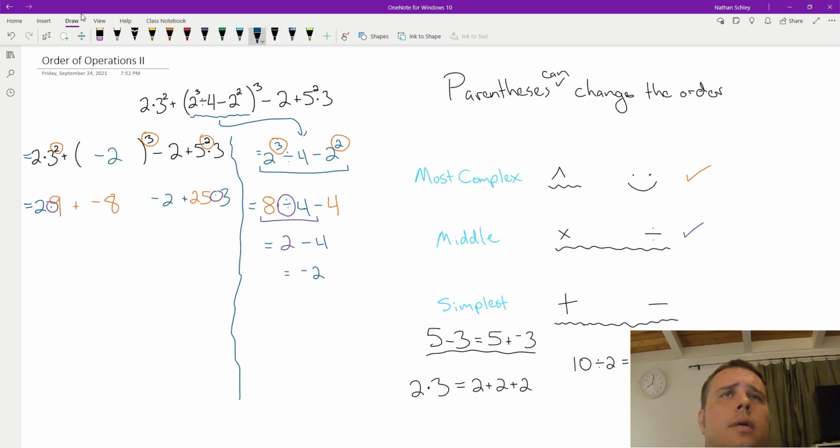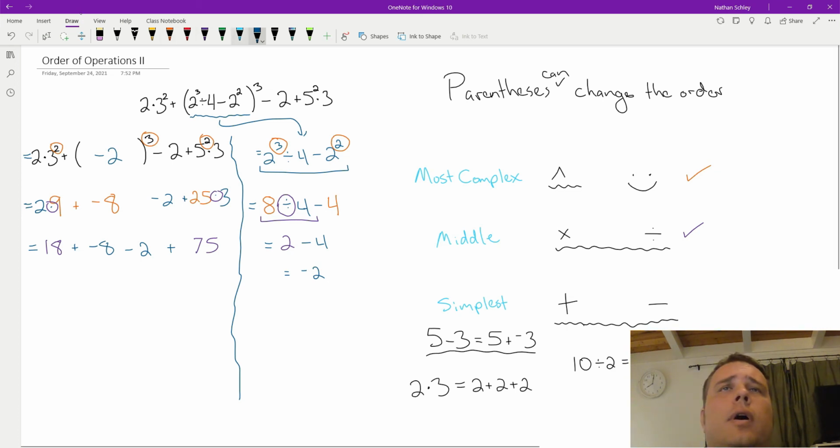So in purple I have 2 times 9, which is 18, and over here I have 25 times 3, which is 75, and everything else is staying the same. So 18 plus -8 minus 2, and then finally plus 75. And now everything is reduced to the bottom level.